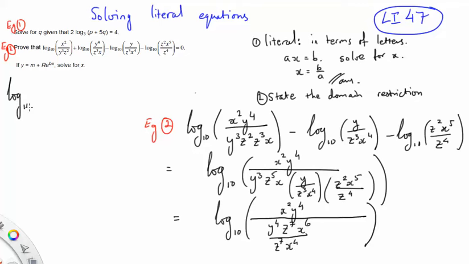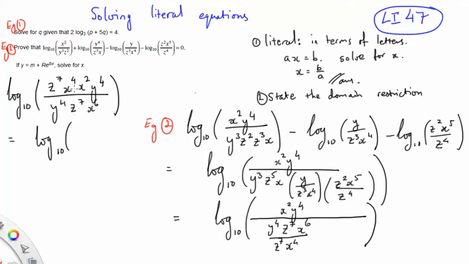So we get log base 10 of z to the 7 x to the 4 x squared y to the 4 over y to the 4 z to the 7 x to the 6, which equals log base 10 x to the 6, x to the 4 times x to the 2 gives us x to the 6, y to the 4 z to the 7 over, and it's the same thing down the bottom, x to the 6, y to the 4, z to the 7.